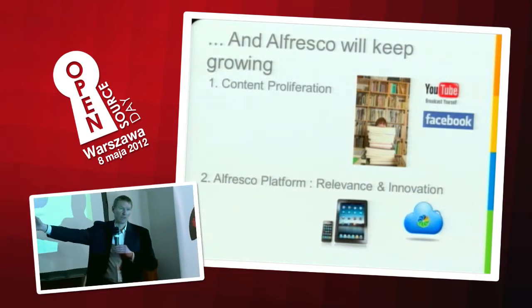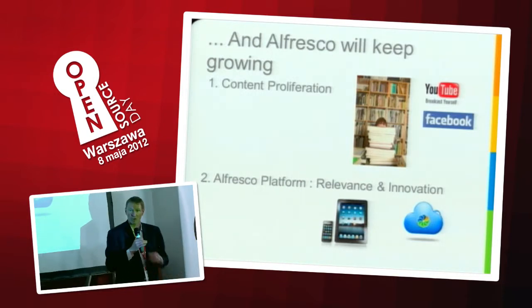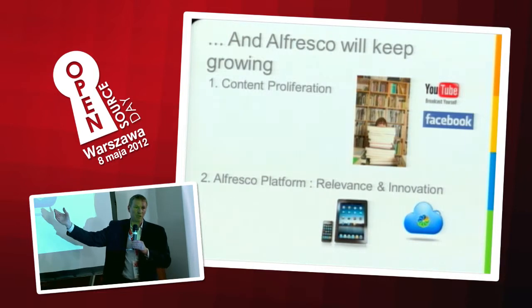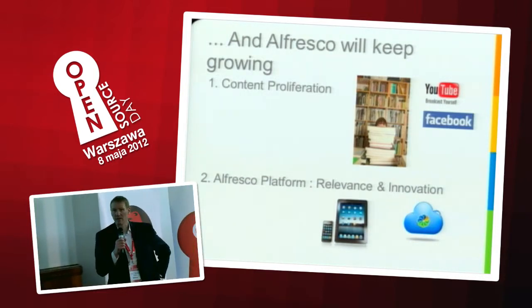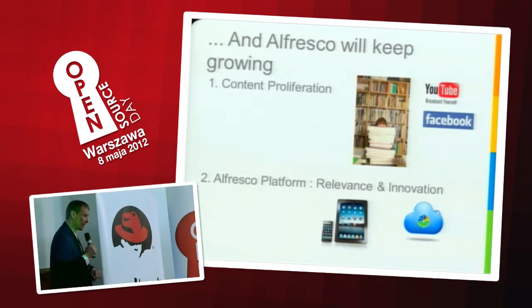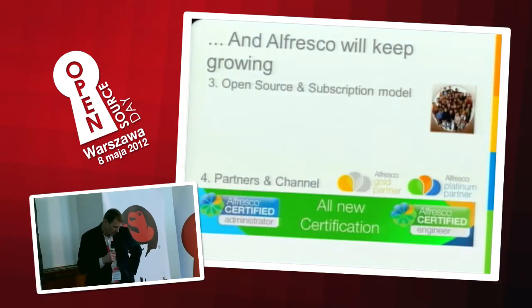We have recently released Alfresco on mobile, which I'm using right now. We are releasing Alfresco on the cloud. And it took us about 6 months to be able to switch from on-premises to cloud. That's quite important for us, and it's also a way of expanding.